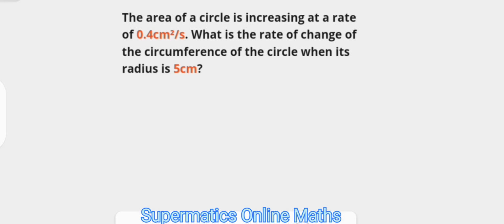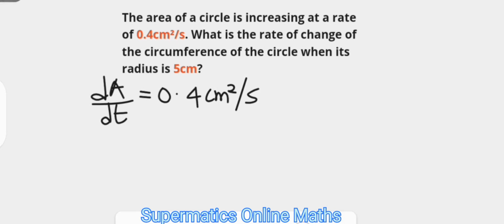First, we have the rate of change of area, which is dA/dt, and that is given as 0.4 centimeters squared per second. We also have the radius, which is 5 centimeters.